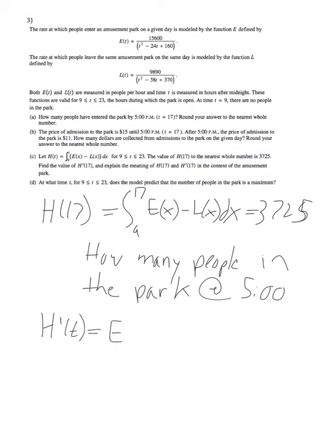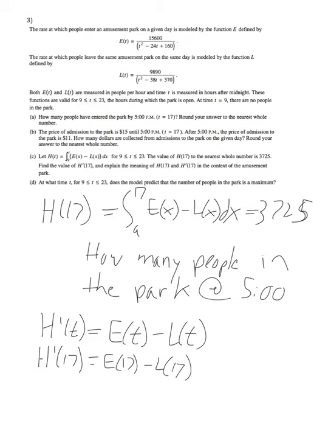equals e of t minus L of t. And thus h prime of 17 equals e of 17 minus L of 17, which we'll just plug into our calculator, and we're going to get about negative 380.